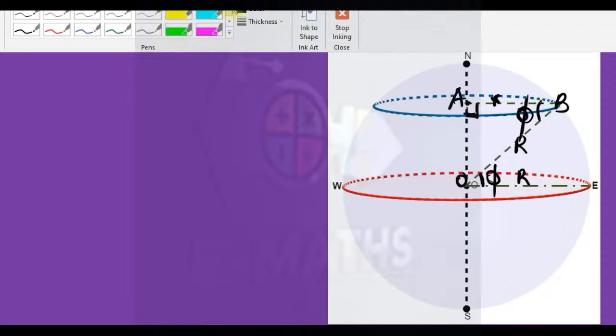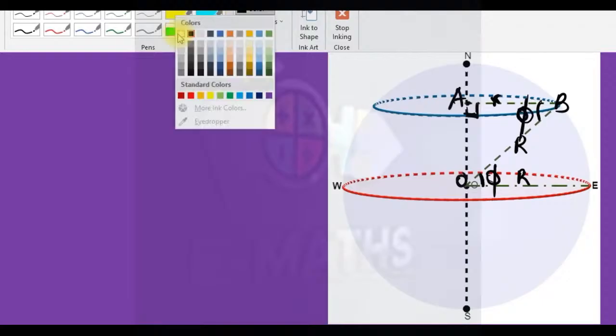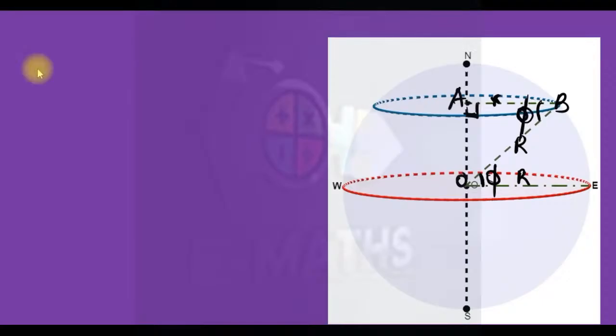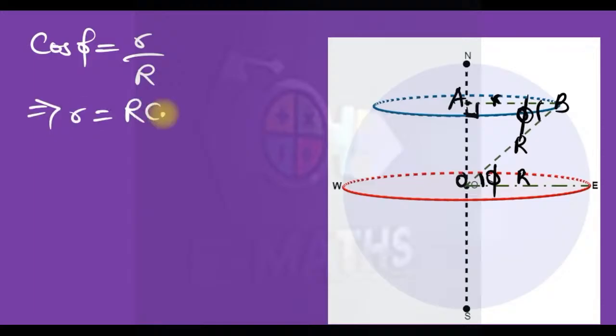Do you remember the alternate angle theorem? This is a transversal. So using SOHCAHTOA from elementary trigonometry, cos phi is always adjacent over hypotenuse, which implies that small r is always R cos phi, where phi is the common latitude.